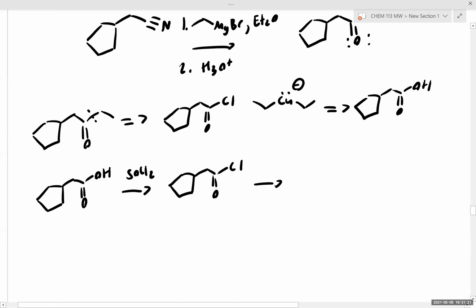And then from here, we just treat it with lithium diethyl cuprate, and then quench with water. And that gives us our corresponding ethyl ketone. Does that make sense to everyone so far?